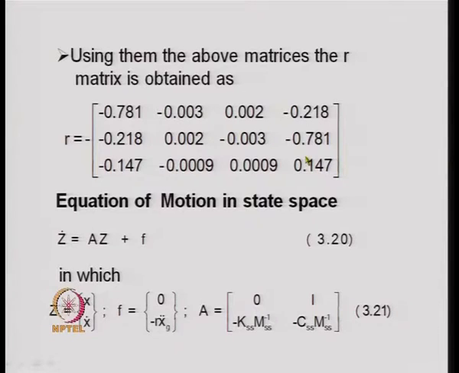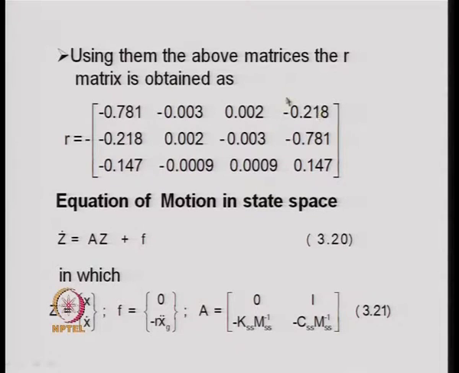So, here again for the 4 different ground motions, we have this 3 by 4 matrix, and with its help we solve the problem, in which on the right hand side we have minus m r x double dot g, where x double dot g are the 4 ground accelerations defined at the 4 support points.